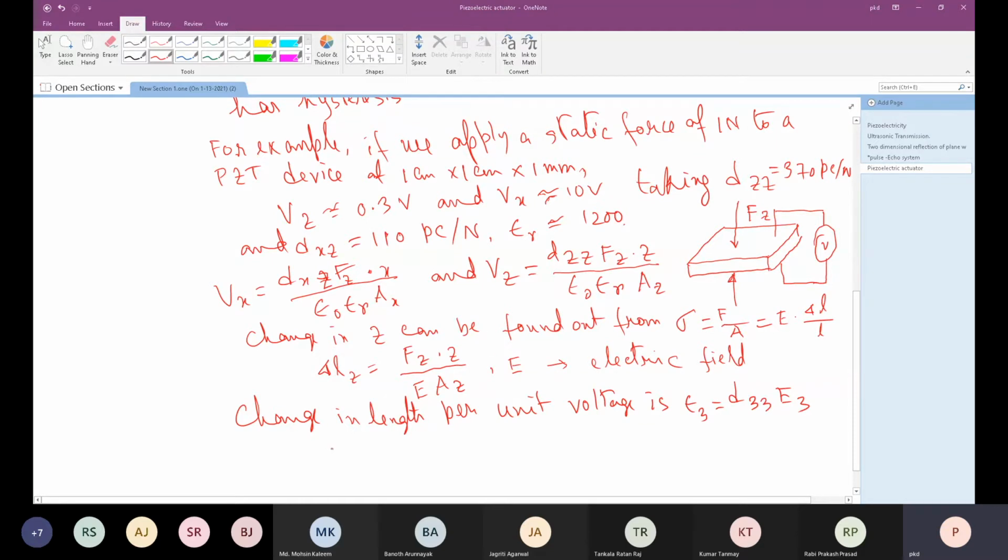So delta L by L would be equal to d33 into E, which is V3, the applied voltage along the direction 3, and L is the length.